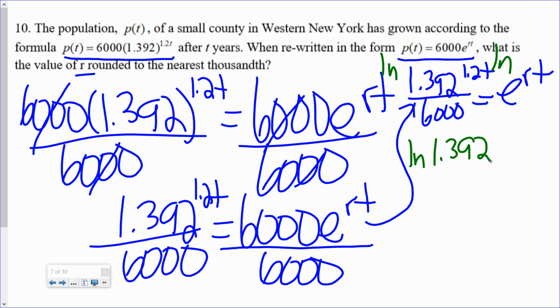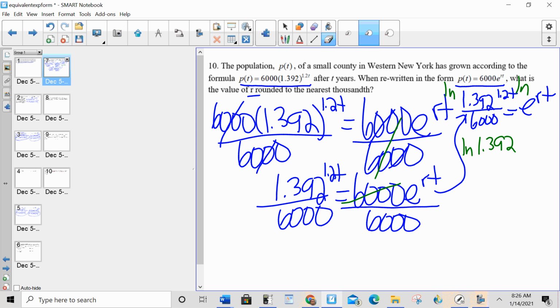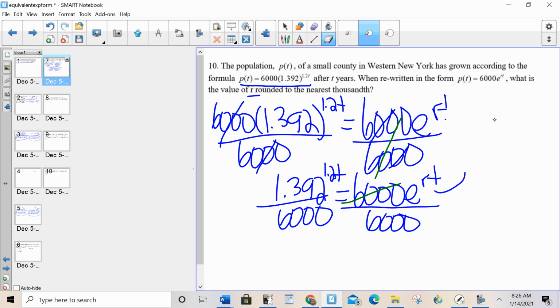Oh, I just realized I made a mistake. I was wondering why something wasn't working out. So these 6,000s canceled. Something doesn't make sense here, so let me just bring it back.